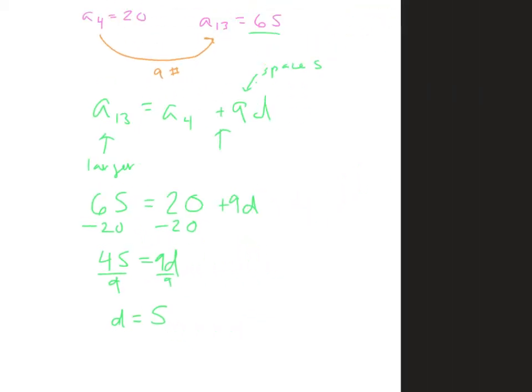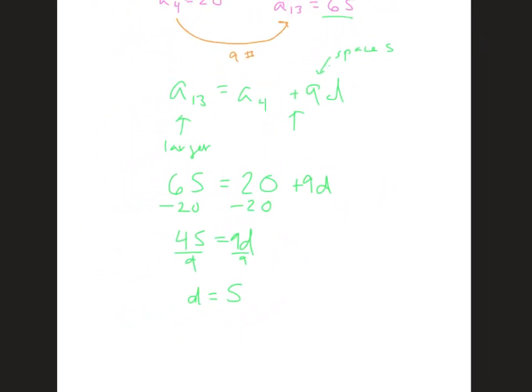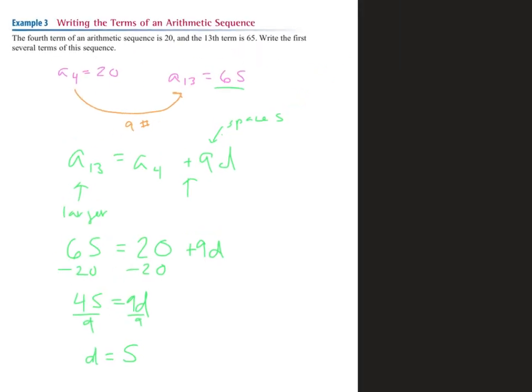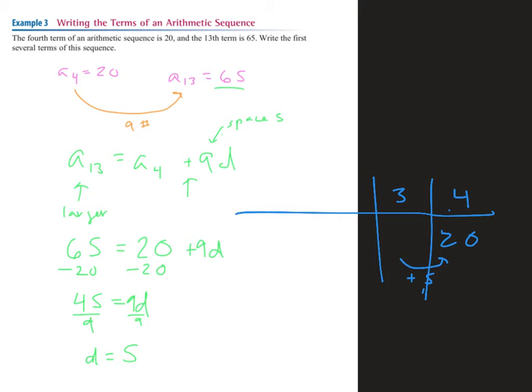So now we can work backwards to find out what our 0 term is. So here, we'll do it on this side. Our fourth term, we said was 20. What would our third term be? If our common difference is 5, that means we add 5 each time, but we're going backwards, remember.